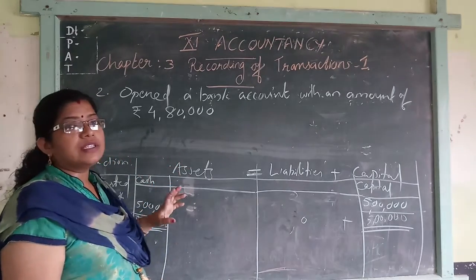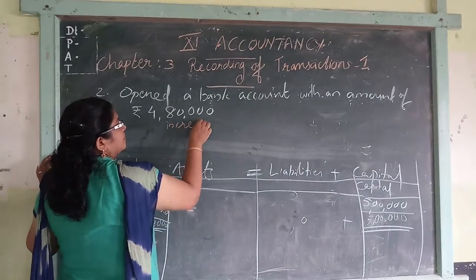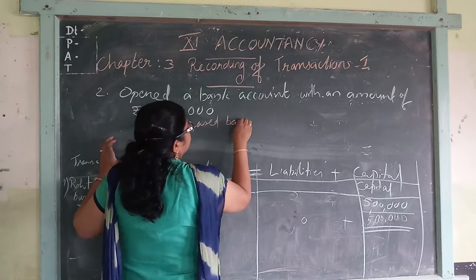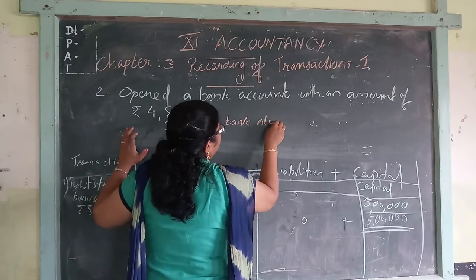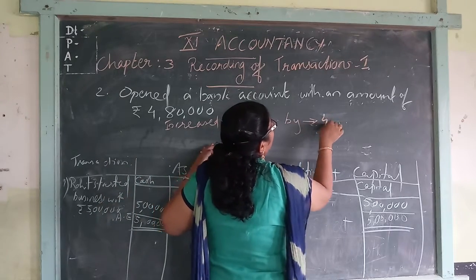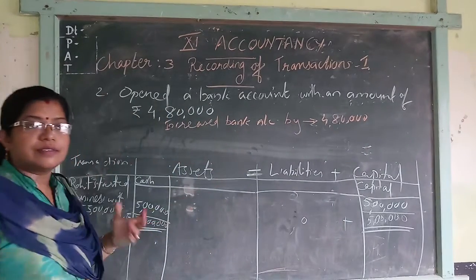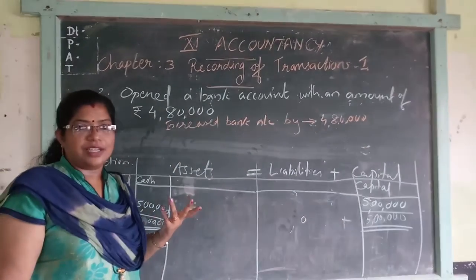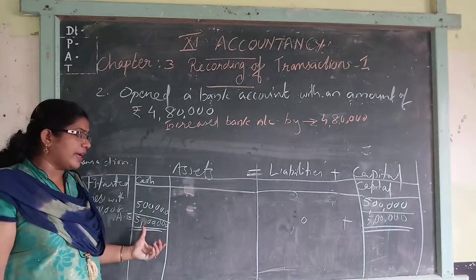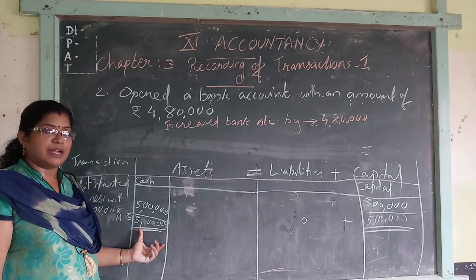So one side, the bank account increases by 4,80,000. And the second aspect: what happened to the business? You already had cash in hand, 5 lakh rupees in your cash balance.